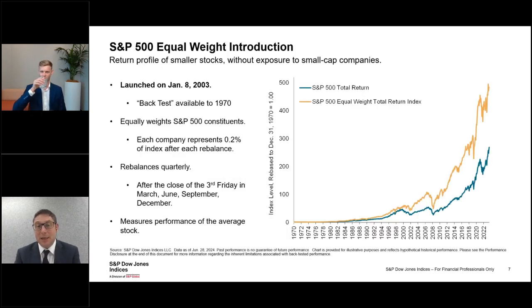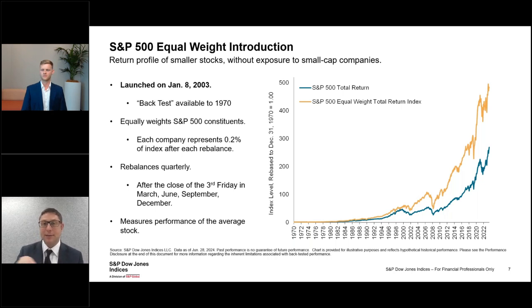So please be introduced, if you haven't met it before, to the S&P 500 equal weight index. It is related to the S&P 500. The S&P 500 itself was created in 1957, and it is what's called a capitalization weighted index. Essentially, it is weighted in the same proportion as the overall market.